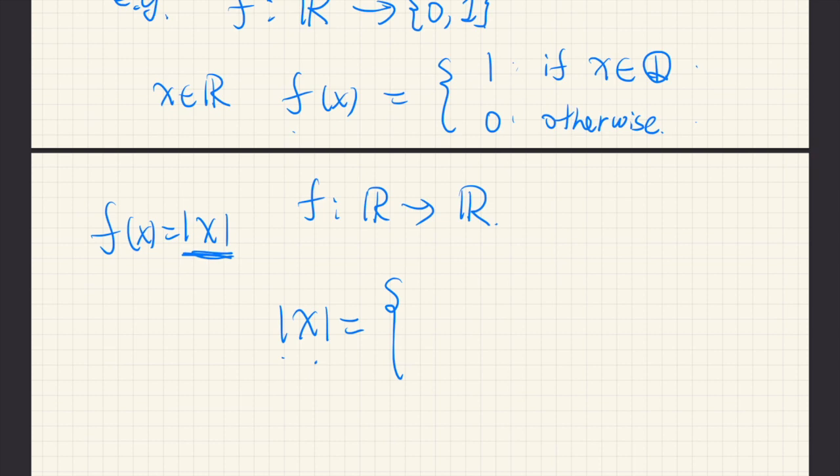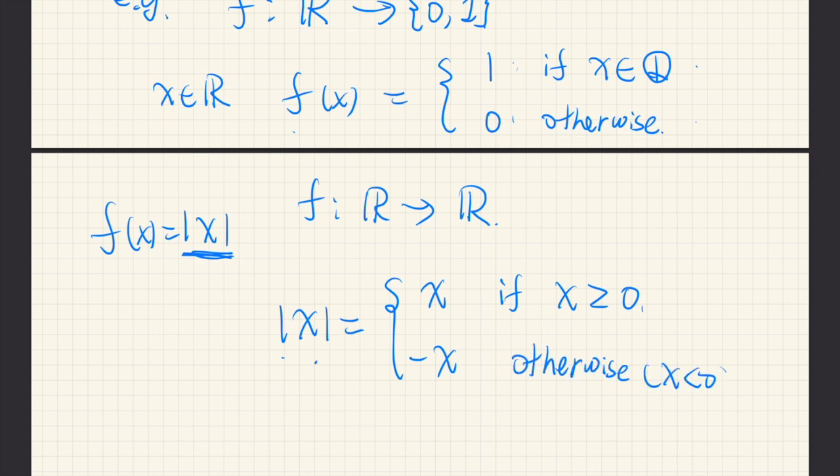The absolute value or modulus of x is equal to x if x is greater than or equal to 0, or negative x otherwise. That means if x is negative, right? So again, this function is defined in terms of cases, two cases.